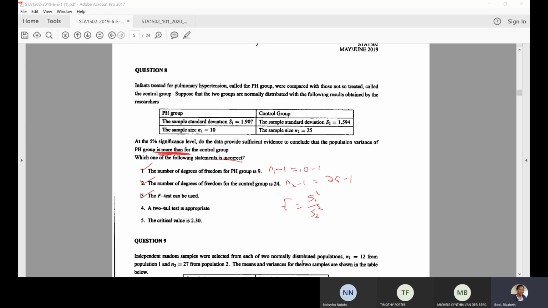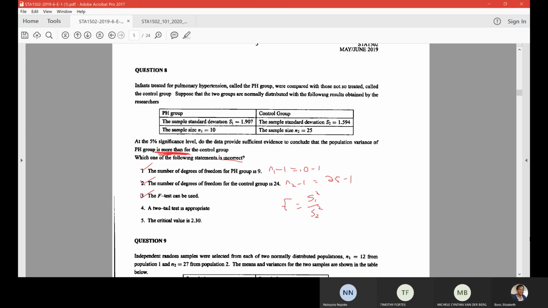We use the variance of population 1 divided by the variance of population 2 to calculate the test statistic. So it will be an F test, definitely. Are we doing a one-tailed test or a two-tailed test? Based on the information I just underlined, it's a one-tailed test, so therefore this is going to be incorrect.